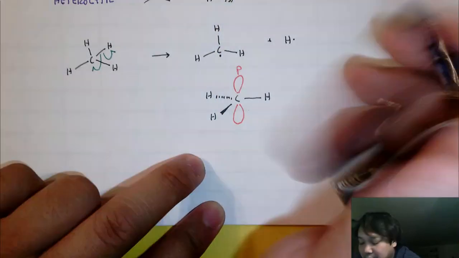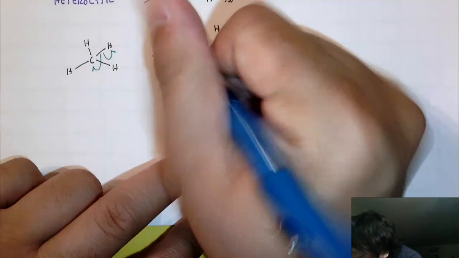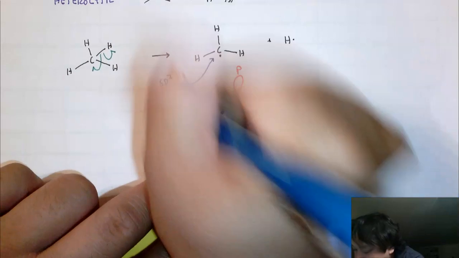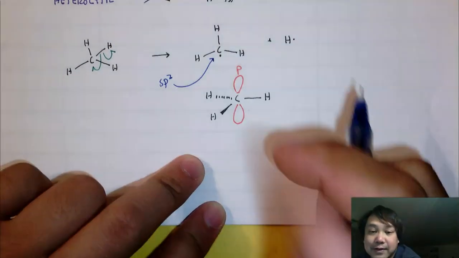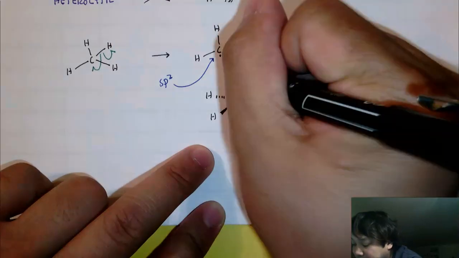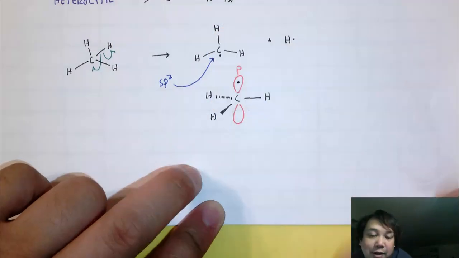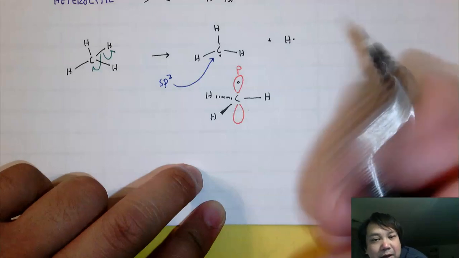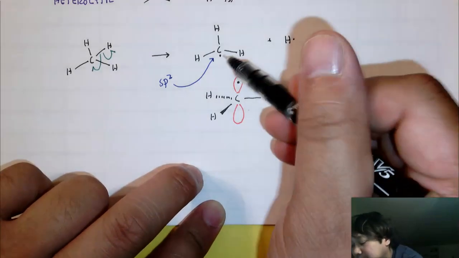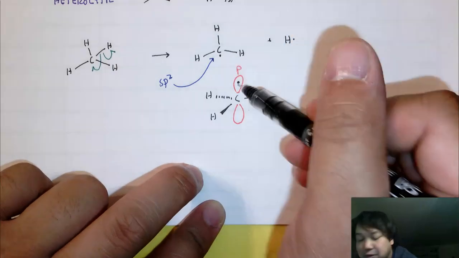So again, we're going to assume that this is sp2, and because of that, we have an unhybridized p orbital. That's where the radical goes. That's where the unpaired electron goes. You could think about, well, if there was a lone pair here, 2 electrons would go in the p orbital.